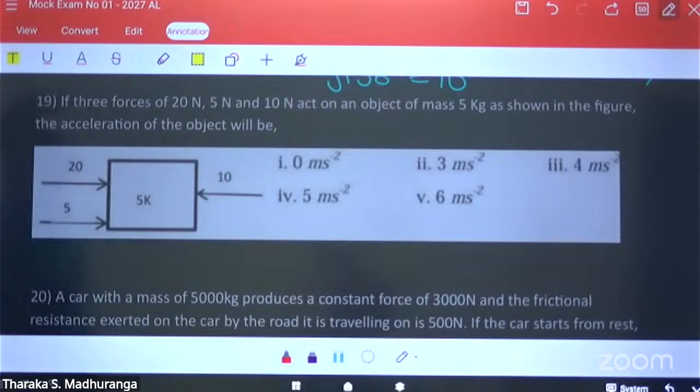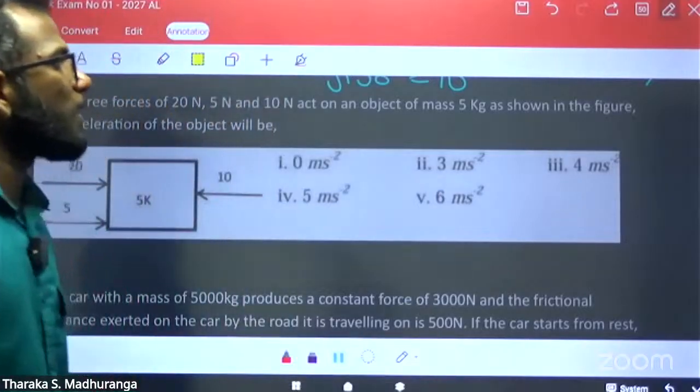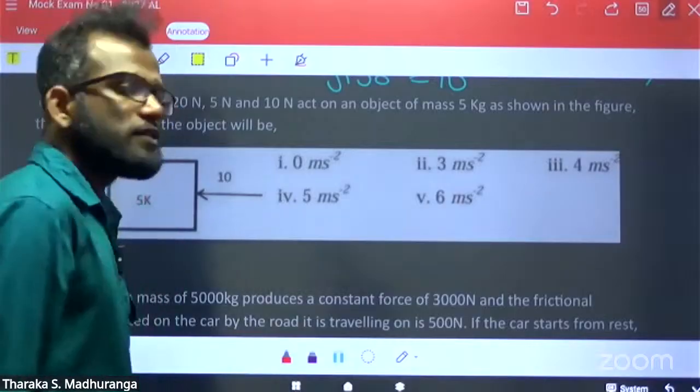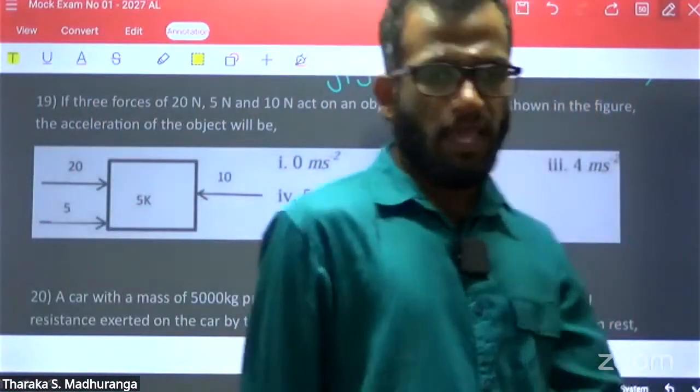If 3 forces of 20 Newton, 5 Newton and 10 Newton act on an object of mass 5 kilogram as shown in the figure, the acceleration of the object will be? Newton's second law.